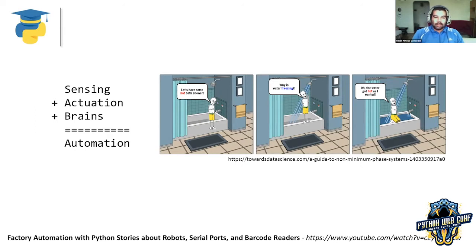You are sensing, then taking some actions based on those inputs, and then you regulate. So you're doing automation, but without any electronics or computers. And industrial automation is pretty much this same thing, but using electronics and computers.